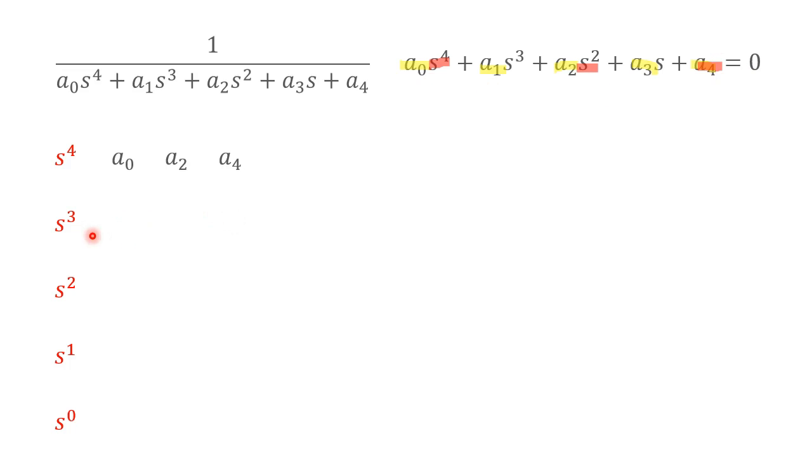Then for S3 we are going to write A1, A3, and we have nothing for S minus 1, so we will write 0. For blank space it is considered 0 always in Routh Hurwitz. So it will be A1, then A3, coefficient of 1.